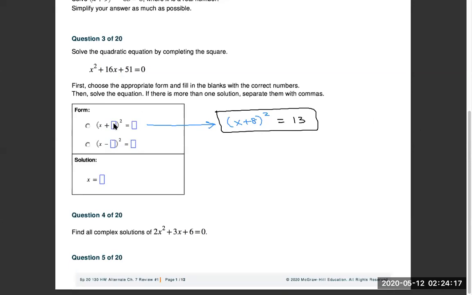So what you should have been filling in here, put 8, and then here put your 13.